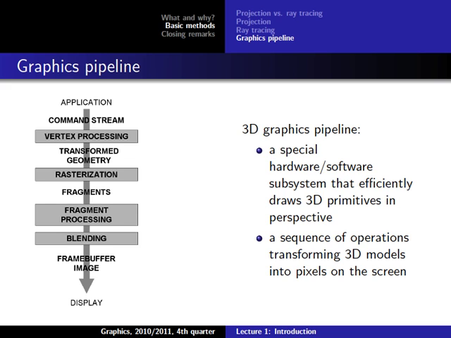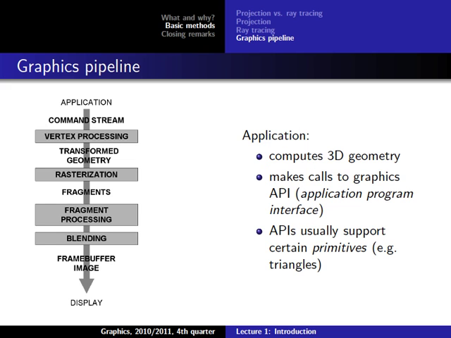You see those two rather vague descriptions, but the basic idea is that a pipeline describes the way from the 3D model to the 2D pixels. So let's go through the steps that we usually do.